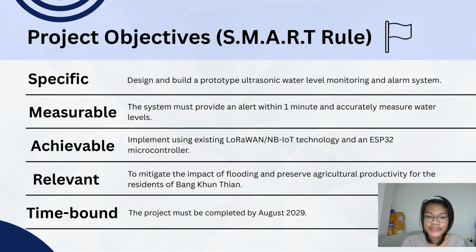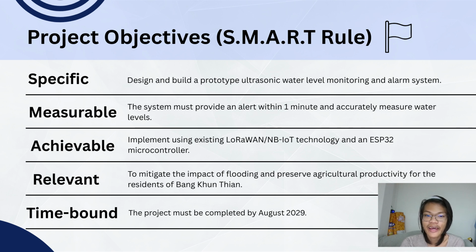For setting objectives, we use the SMART rule. S stands for specific: to create a prototype water level alert device using an ultrasonic sensor. M stands for measurable: it must be able to send alerts quickly and accurately.